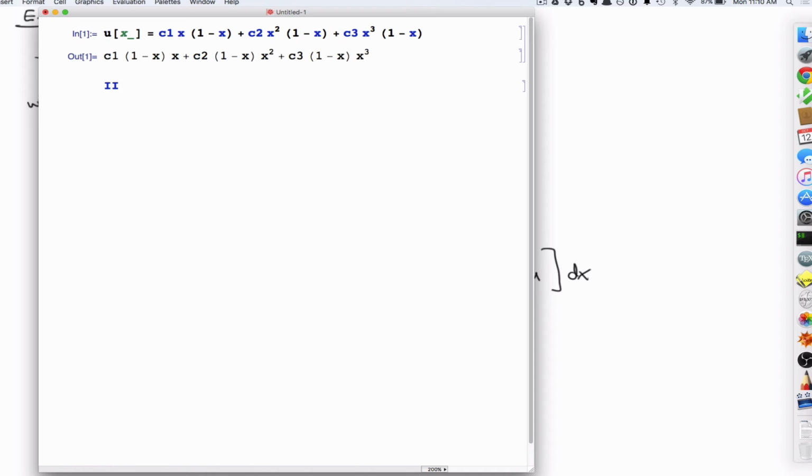my quadratic functional is 1/2 the integral from 0 to 1 of u prime of x, so that's the first derivative of u with respect to x, squared, minus u squared plus 2x squared u of x dx.